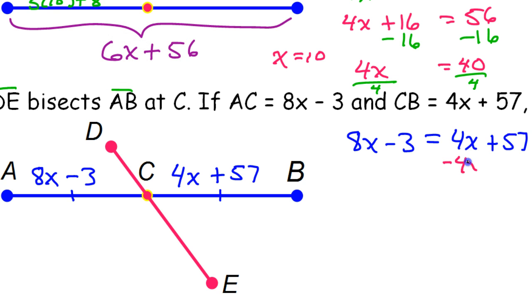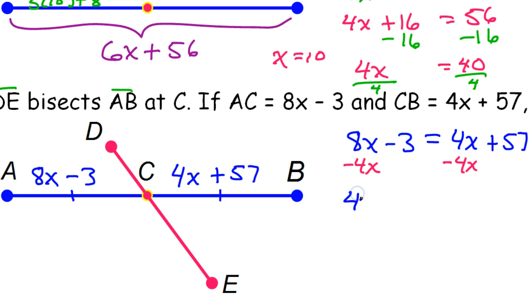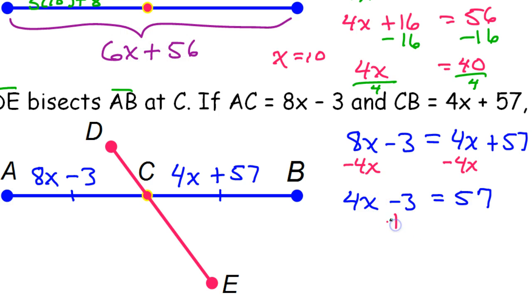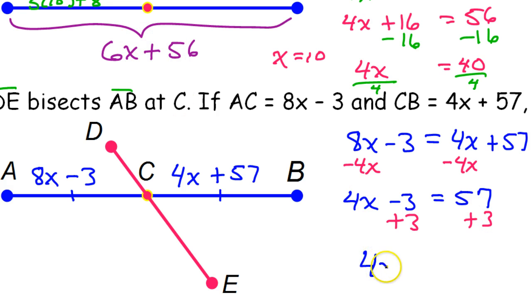So you subtract 4x from both sides. This gives you 4x minus 3 is equal to 57. Why did I put 6? I don't know, I clearly said 57. Then we will add 3 to both sides. So 4x is equal to 60.